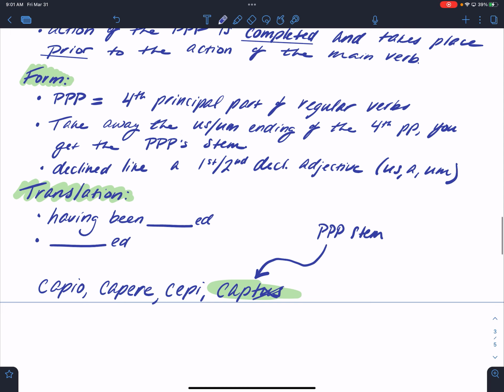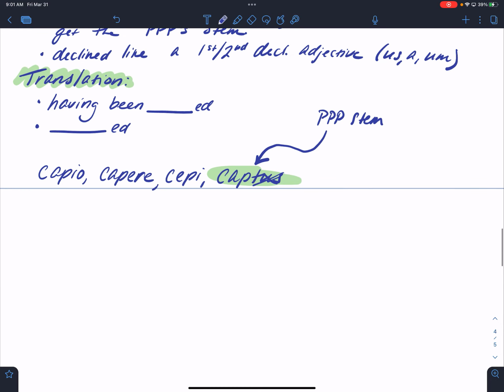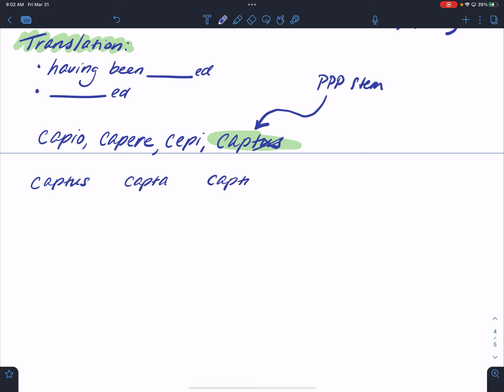This is going to be a lot of writing. I'm sorry in advance, but it's good practice. All right, so we've got captus, capta, captum.